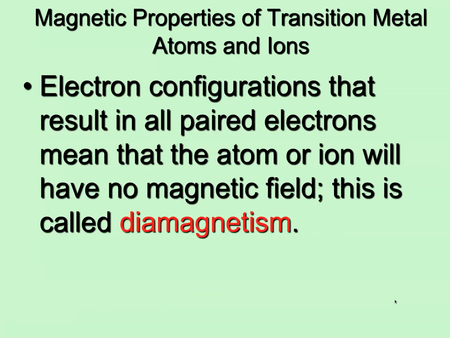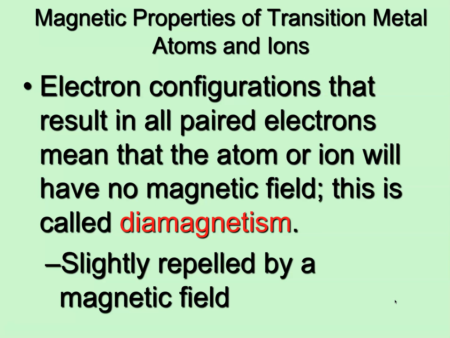Conversely, if all of the electrons in all of the orbitals of the atom or ion you are looking at are all paired up, then you are diamagnetic. You are repelled by a magnetic field. You are not attracted to a magnetic field.